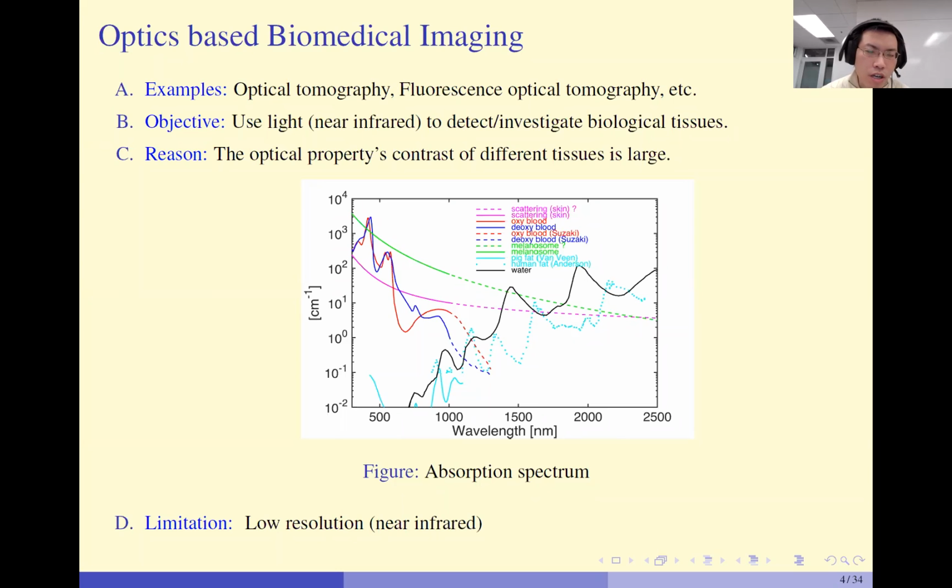All of these use a laser source to probe the underlying medium, like tissue. You inject the laser into the tissue, collect the information outgoing from the tissue's boundary, and then use this information to identify what's going on underneath.